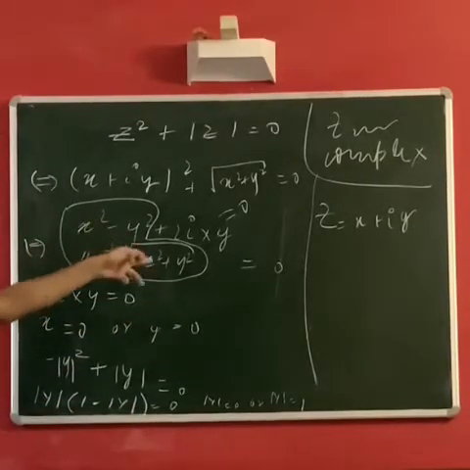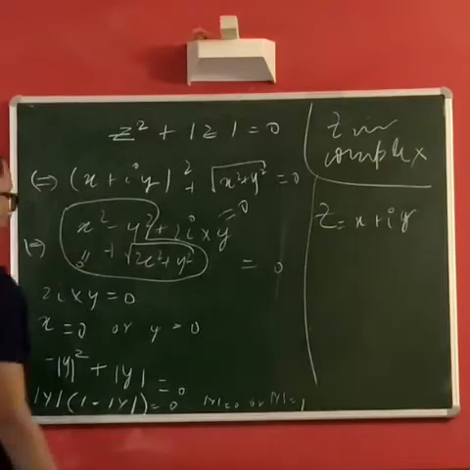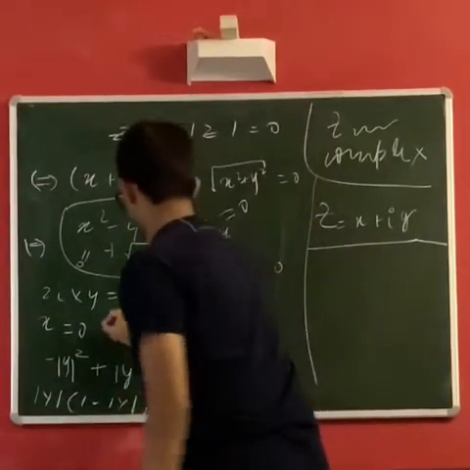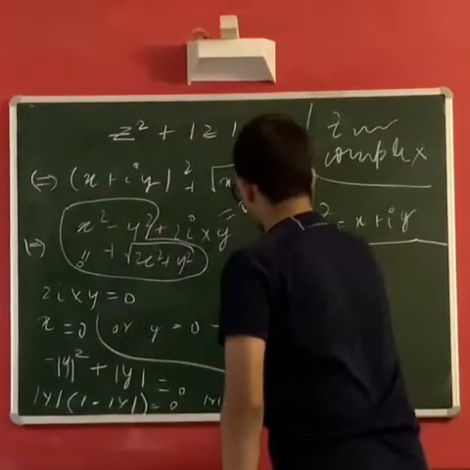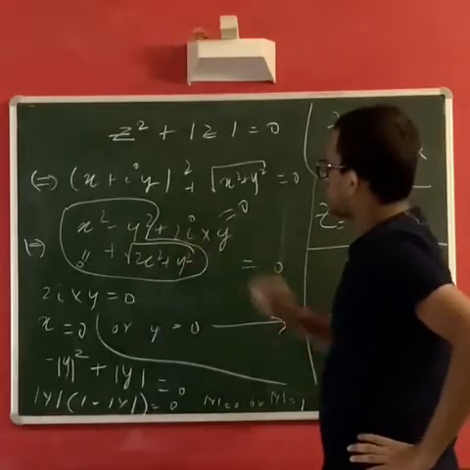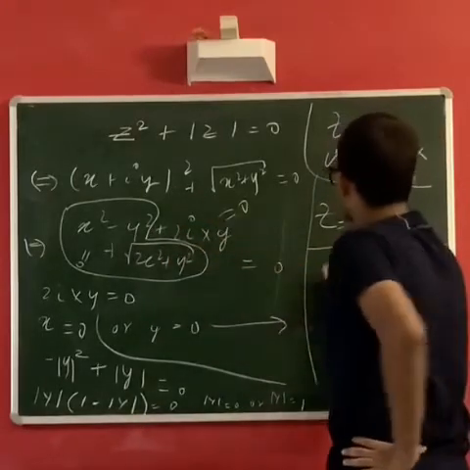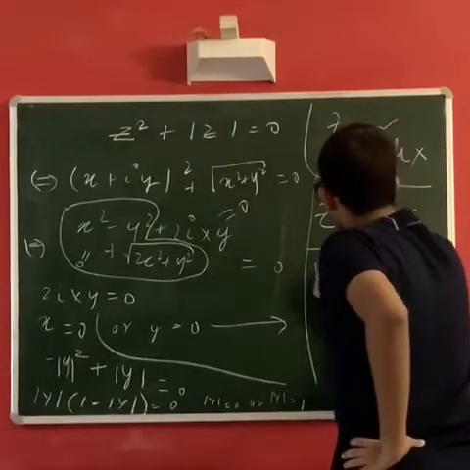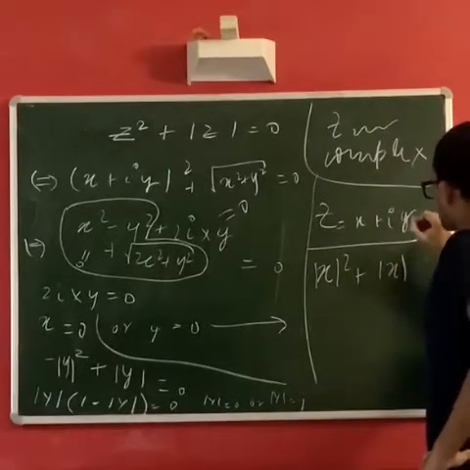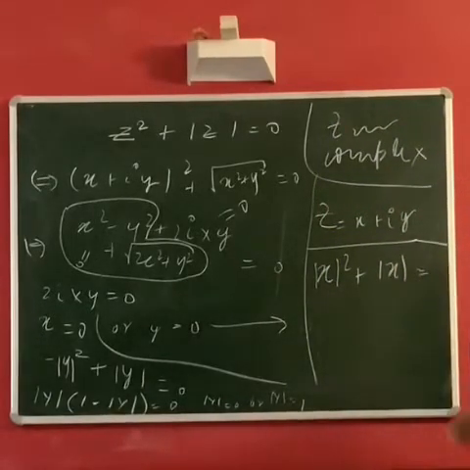Similarly, you can deduce something for the case that y equal to 0. You will get x square plus mod of x equal to 0. I'll just write it here. Sorry for the whole mess. So y equal to 0, substituting in the equation, you will have x square, which you will again write as mod x the whole square, plus mod x equal to 0. Here you needn't solve it as a quadratic.